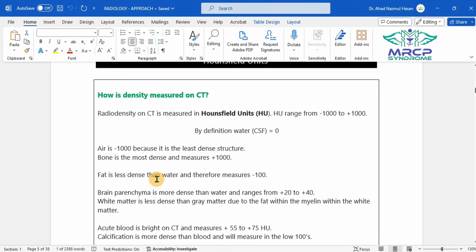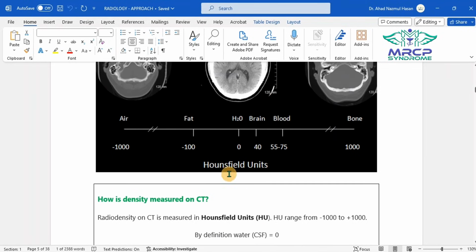The fat is less dense than water and therefore measures about minus 100. So water is at the central point, and the fat will appear as hypodense. If we compare brain and blood, the blood would be more hyperdense compared to brain.